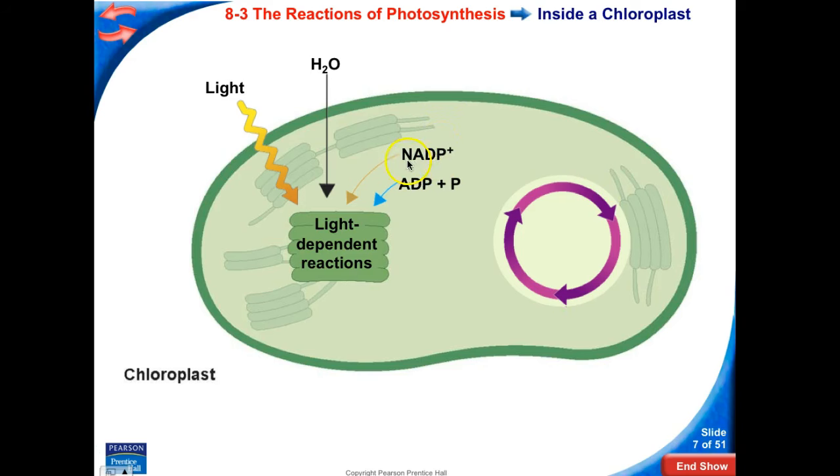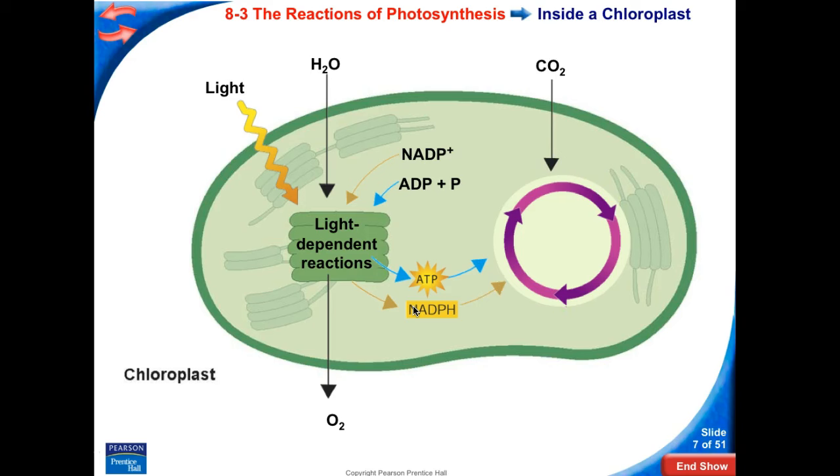We also have a molecule of NADP+, and ADP plus P coming into the reaction. What happens? The light-dependent reaction takes place, and coming out, we get oxygen gas, we get ATP, and we have NADPH. NADPH is an electron carrier molecule.